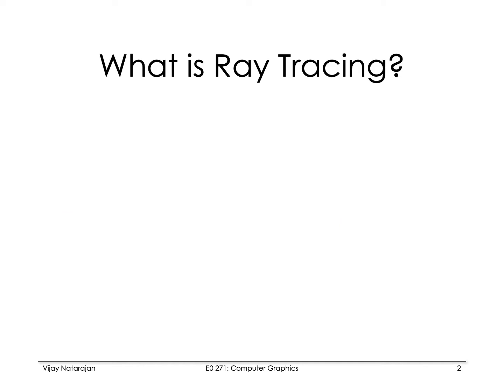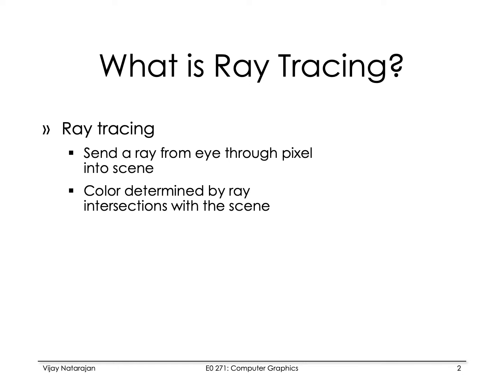So, what is ray tracing? The idea is to send a ray from the eye through the particular pixel on your image into the scene. The color at that pixel is determined by the intersection of the ray with the scene.